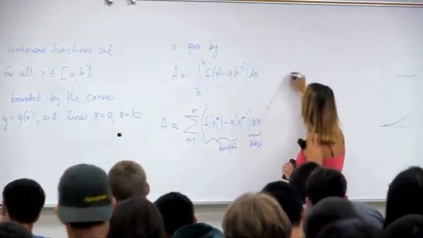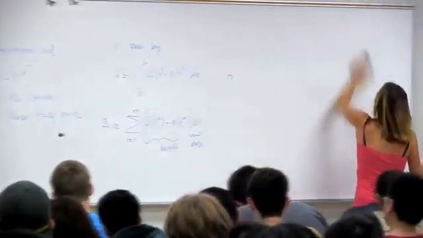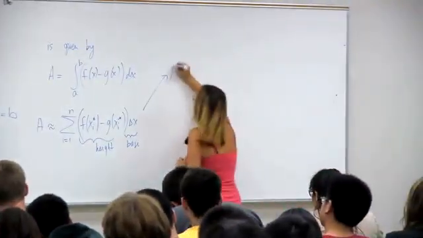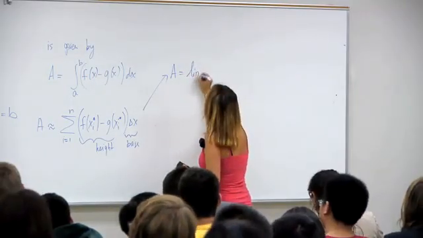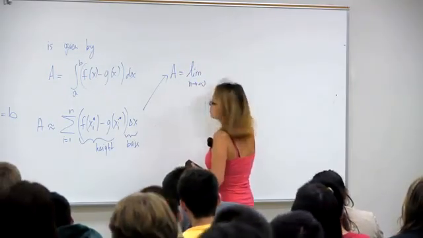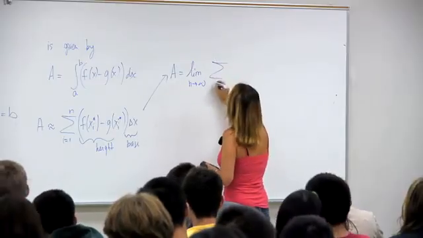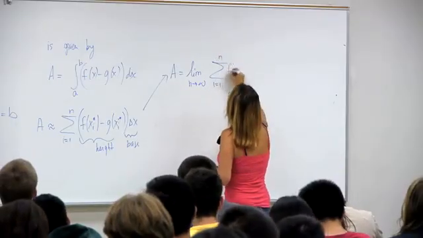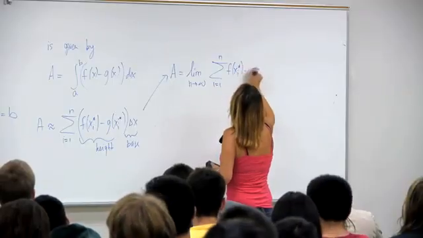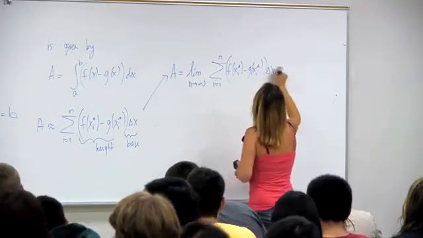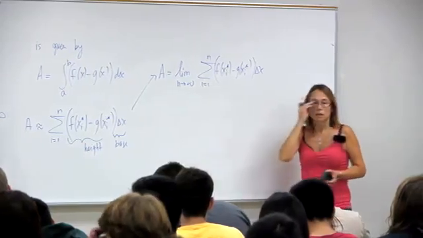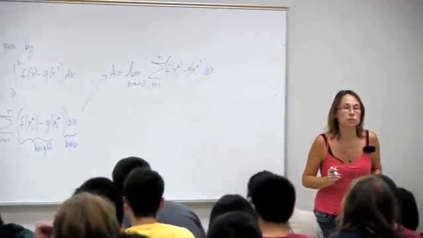Okay? And then I say the area can be defined as the limit as n goes to infinity of this Riemann sum. Okay? And then we use the definition of a definite integral.